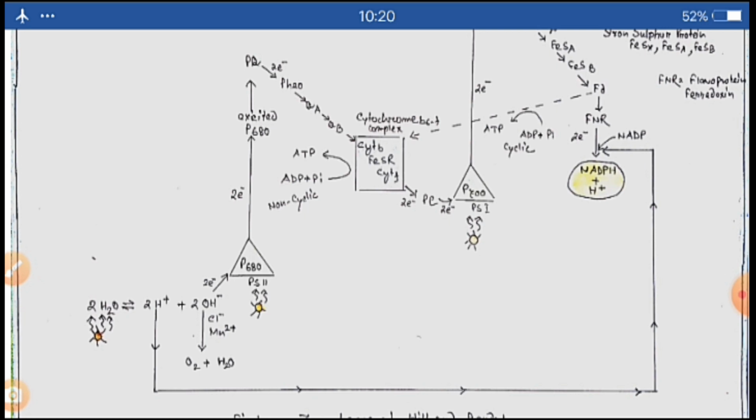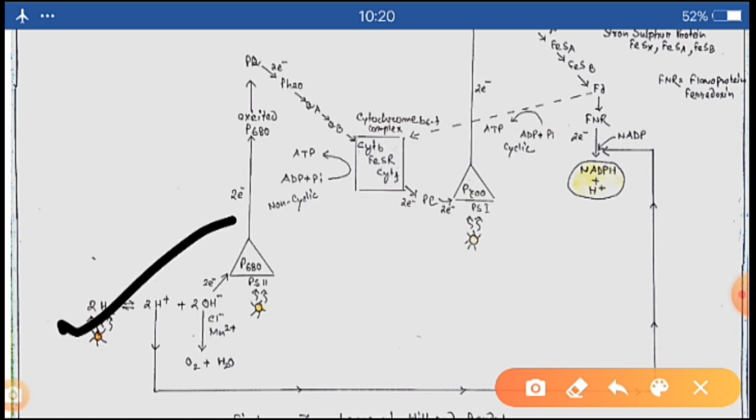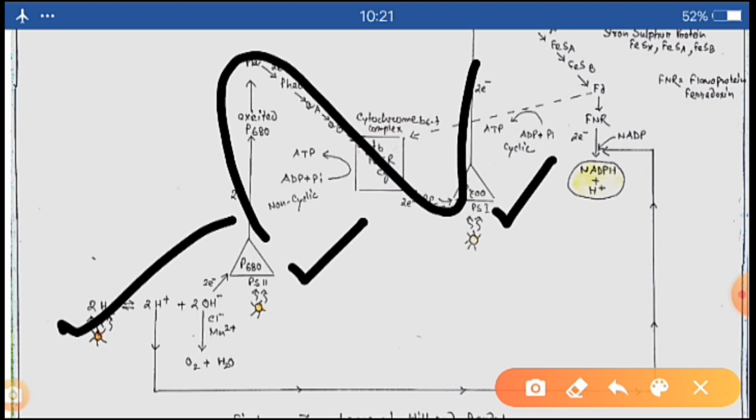That is, when photolysis of water is happening, PS2 is excited, PS1 is also excited, then the electrons from PS2 are fixed in this form. That is, electron is fixed as NADPH plus H plus ion.